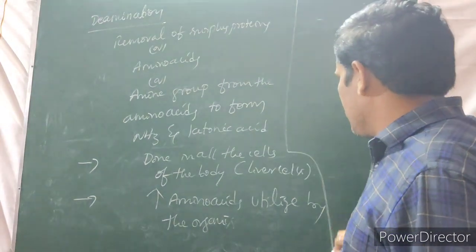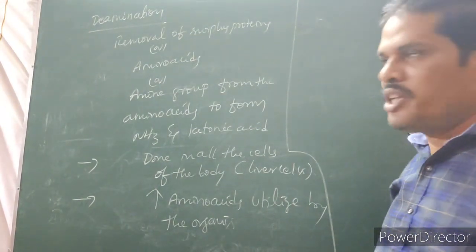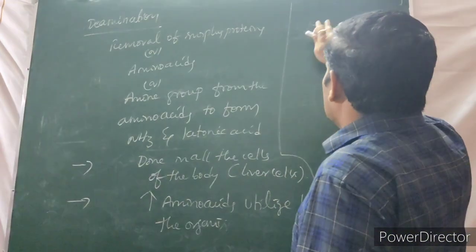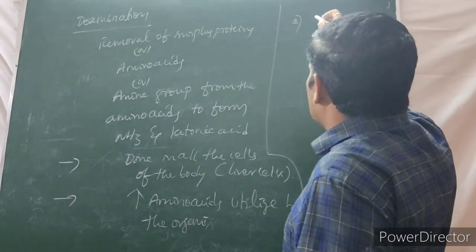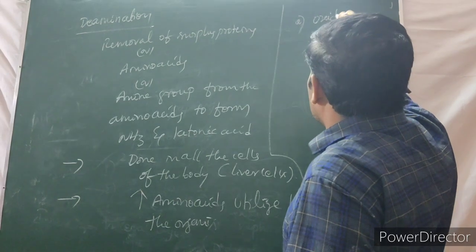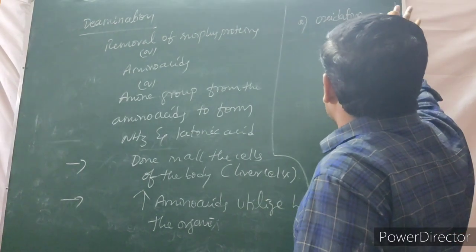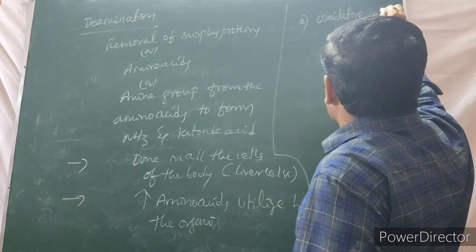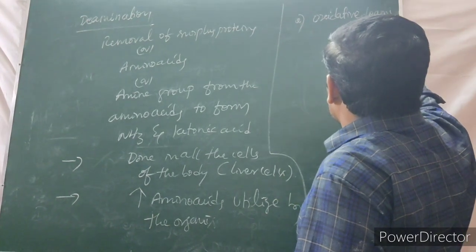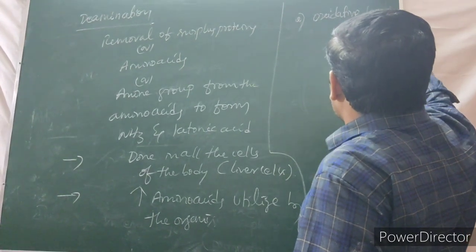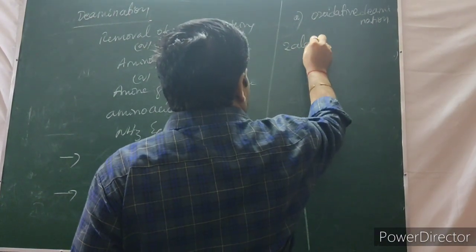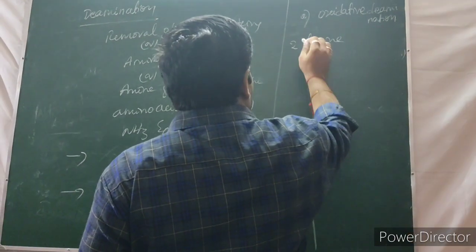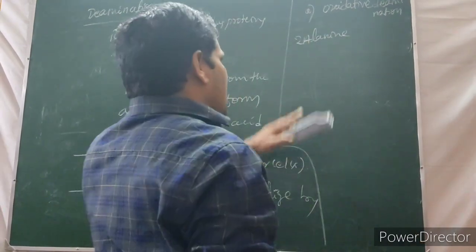Now, deamination is done in the following ways. The first one is oxidative deamination. Under this, two alanines are there. Alanine is an amino acid.